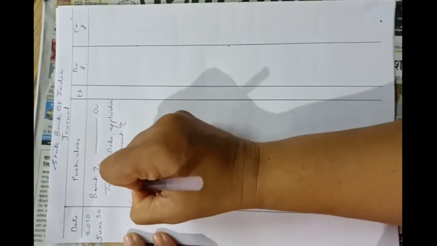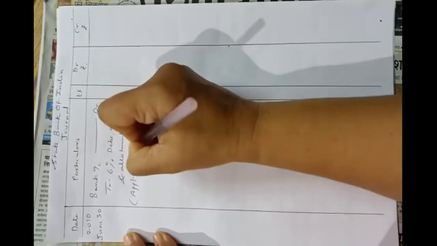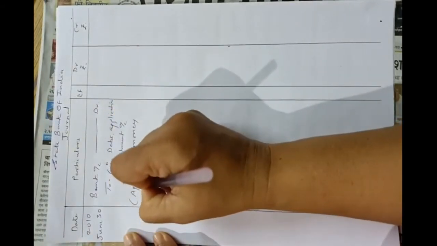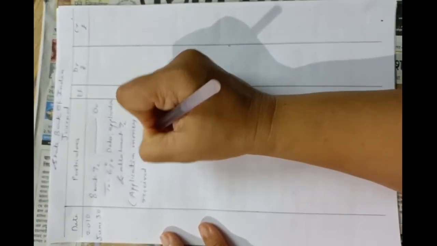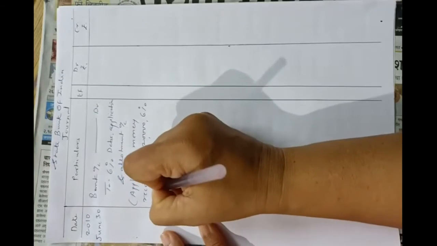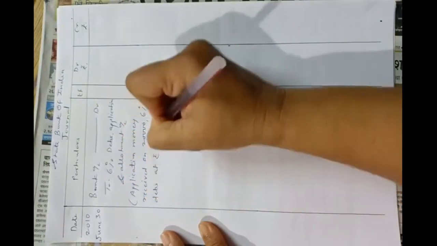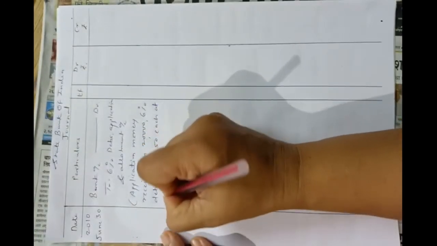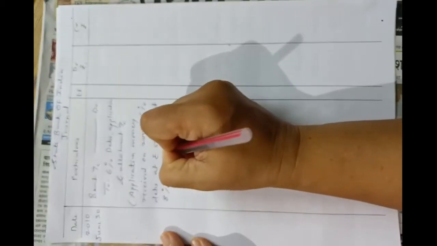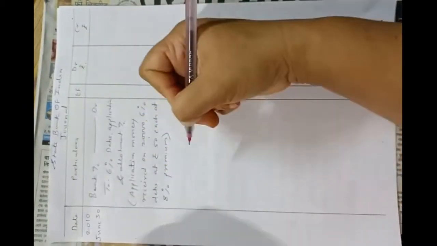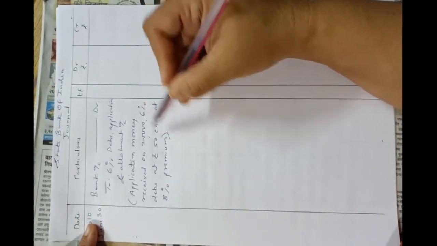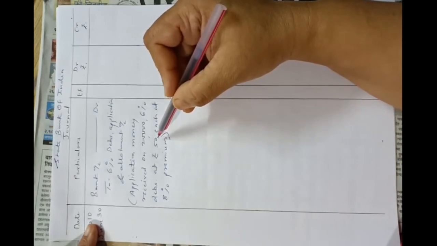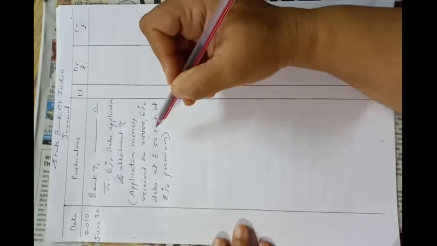Narration: application money received on 20,000 6% debentures at rupees 50 each at 8% premium. Means these debentures are issued at premium. 20,000 into 50 will be 10 lakhs and 6% debentures on 8% premium on 10 lakhs.